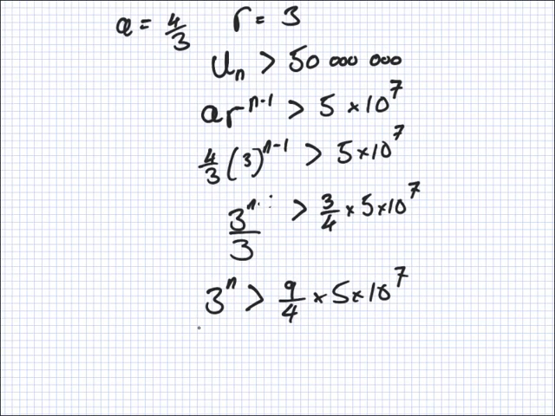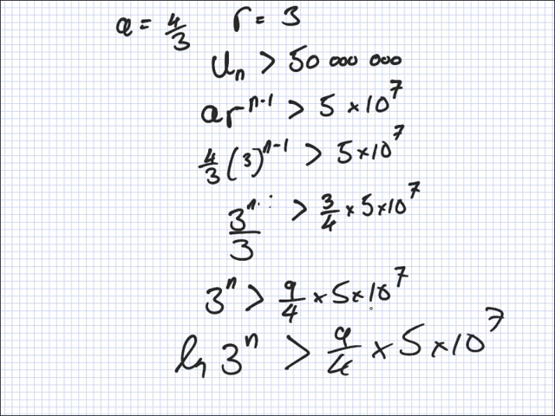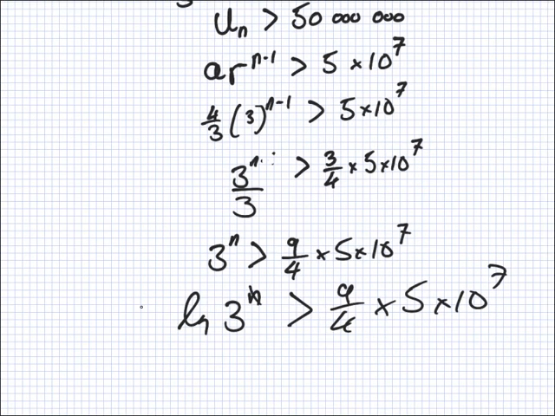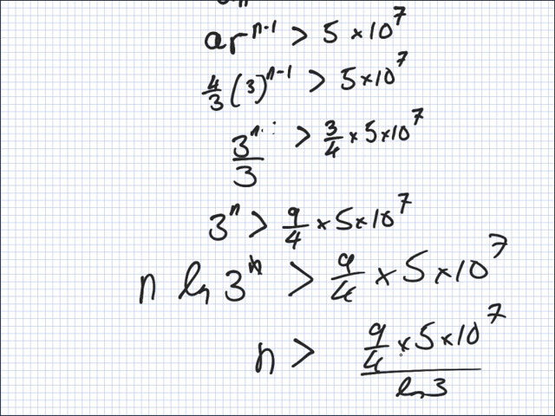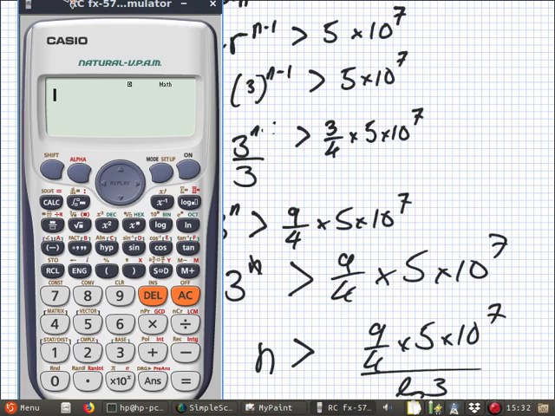So I'll have log 3 to the n is bigger than 9/4 times 5 times 10 to the 7. Take the n down and divide by log 3. Log 3 is positive, so there's no need to flip the sign. So n needs to be bigger than 9/4 times 5 times 10 to the 7 over log 3. Let us calculate that.